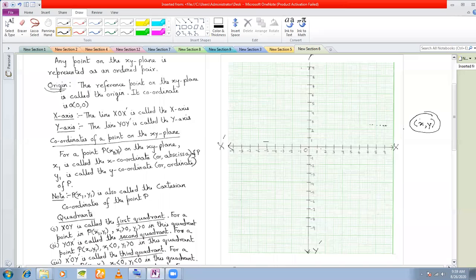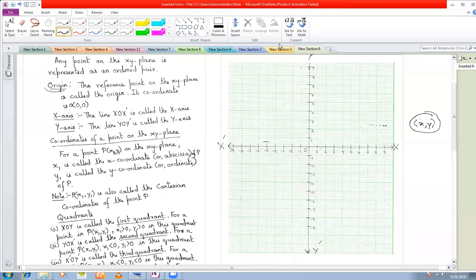This ordered pair will represent any point on this XY plane.